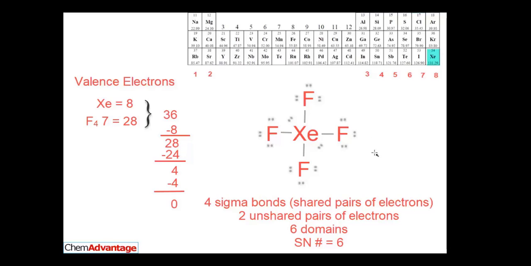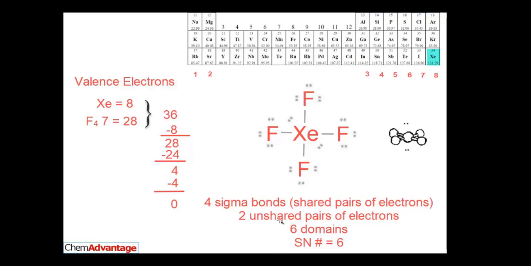Now, this classification system is important because it's going to help us later with the shapes of molecules. We have our single bonds here. The single bonds are called sigma bonds, shared pairs of electrons. So we have 1, 2, 3, 4 sigma bonds, and we have 2 extra pairs of electrons here which are going to affect the shape of this molecule.